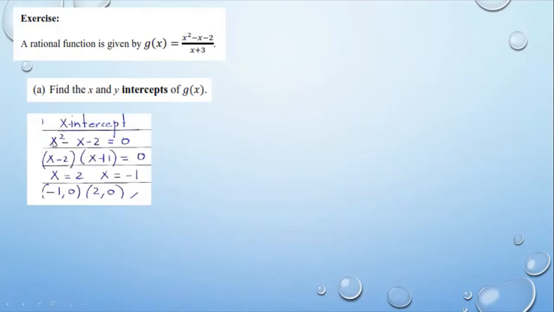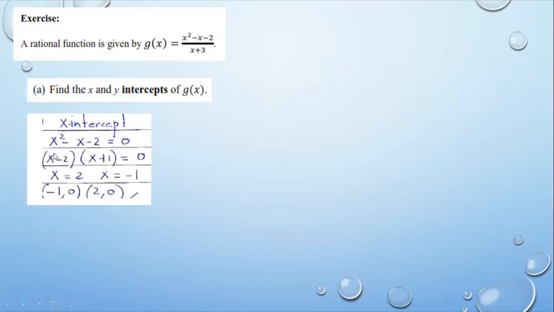Since this is 1, our a is 1, b is -1, and c is -2. So we have to find the factors of this -2. That means two numbers that multiply to give -2, and the same numbers should add to give you -1. That means factors of c that add to give you b. So the numbers we are getting are -2 and +1.